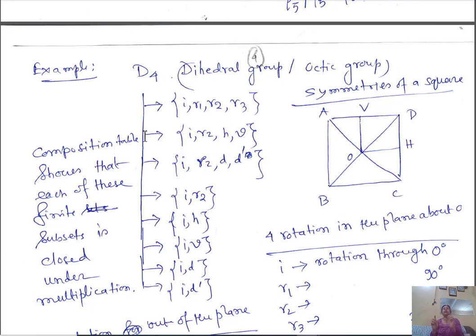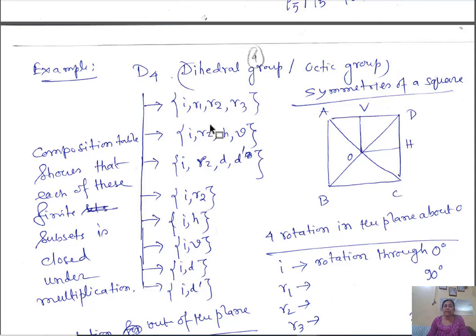Closed means essentially any two elements from this set, you take the composition, then it will give an element of this set only. So the composition table shows that each of these finite subsets of D4 is closed under multiplication.